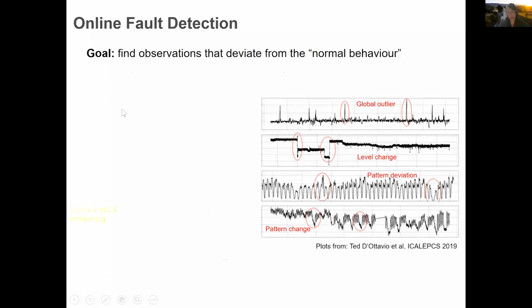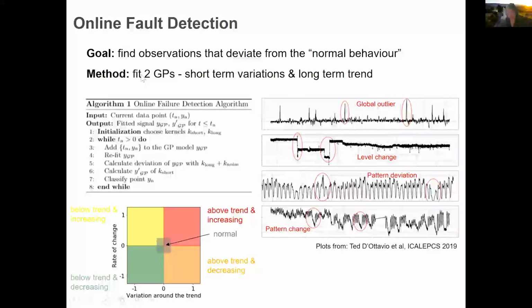And the method we use here is to fit two Gaussian processes, one that accounts for short-term variation and one that accounts for the long-term trend. And the way we do it is with each data point here in time, we add it to the GP model.